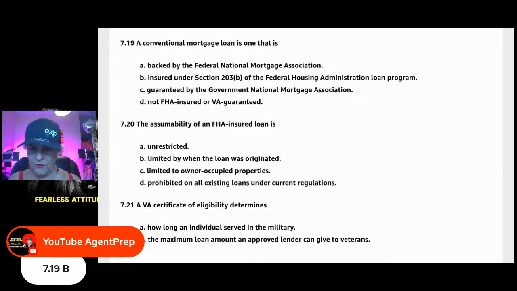I'm getting all confused here. 719 is actually D. So disregard the 719B. It is not correct. It is 719D. A conventional loan is not FHA insured or VA guaranteed. Okay, see, teachers make mistakes. And 720 is B. Assumability of an FHA loan is limited by when the loan was originated.